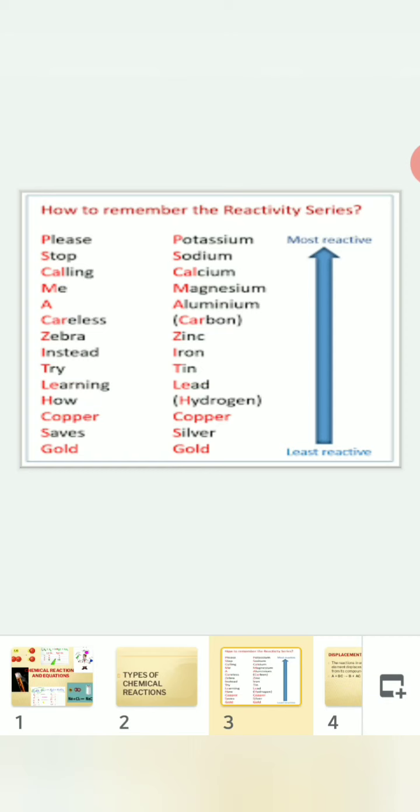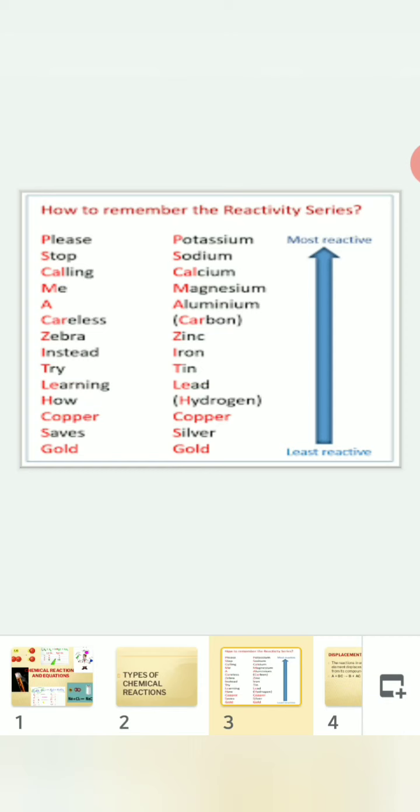So together you can have some sensible statement here. Please stop calling me a careless zebra. Instead, try learning how copper saves gold. So this is how this becomes very easy for you to understand and learn reactivity series, because it is extremely important for you to understand displacement reaction.